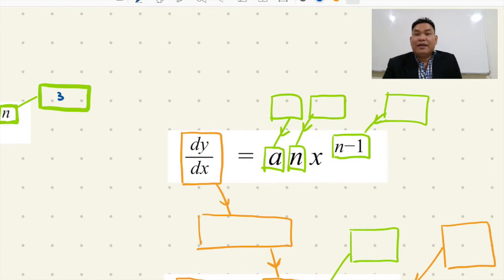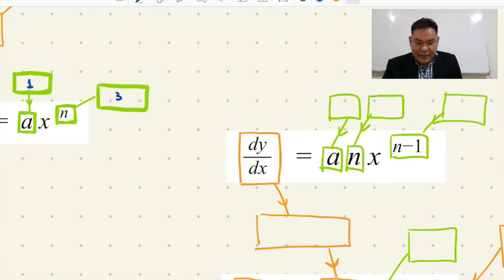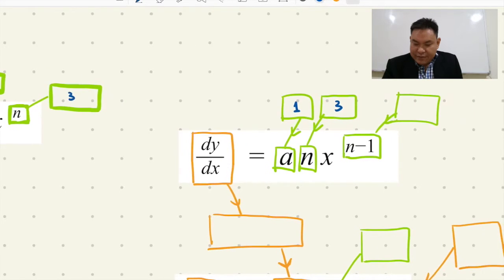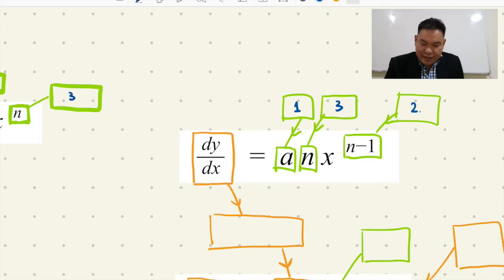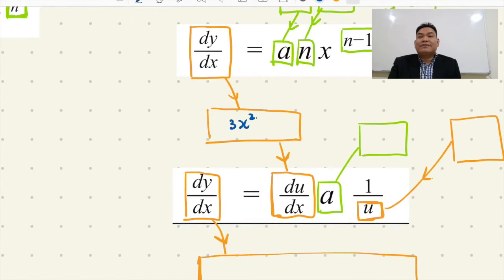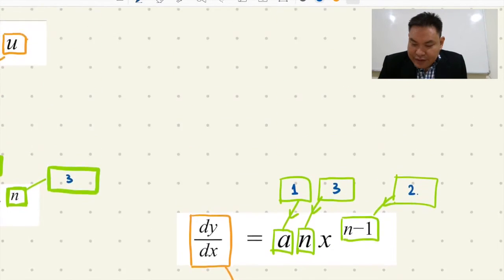We apply formula A1 first. a is equal to 1, n equals 3, and n minus 1 is 2, which means dy/dx is 3x squared.